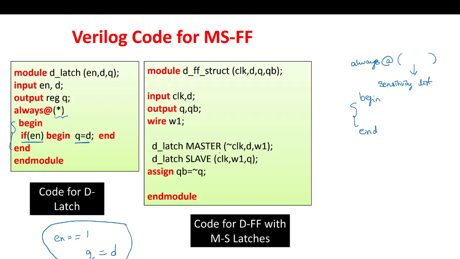And then we connect it in the master and slave combination, where master gets the complemented clock and the slave gets the normal clock, and D is the input, W1 is the output. So W1 is an intermediate output, that is, this is the master, this is the slave.